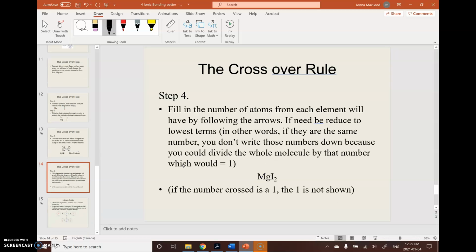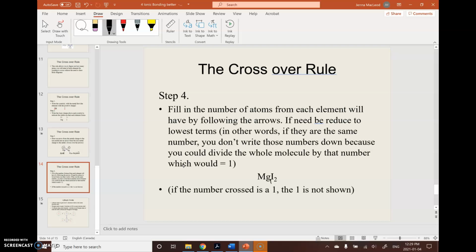When you do that, you don't have to take the plus or the minus with it. What you need to do is put the numbers that you've crossed at the bottom.